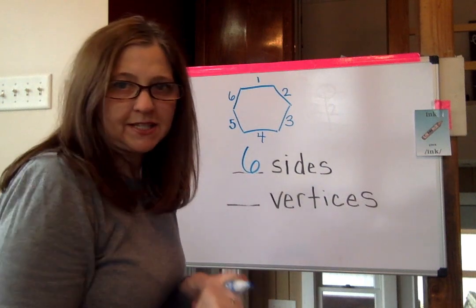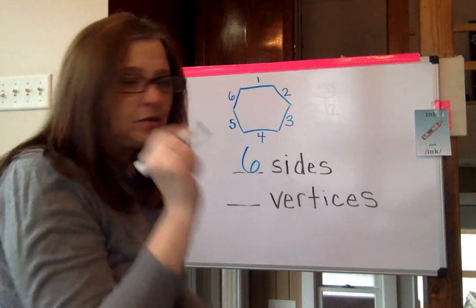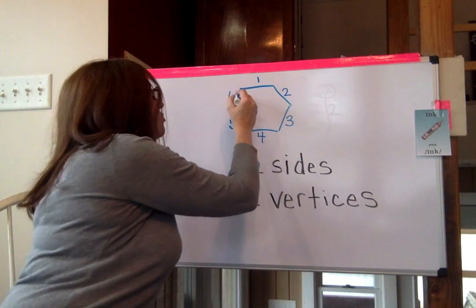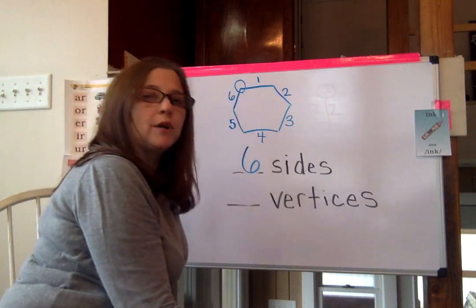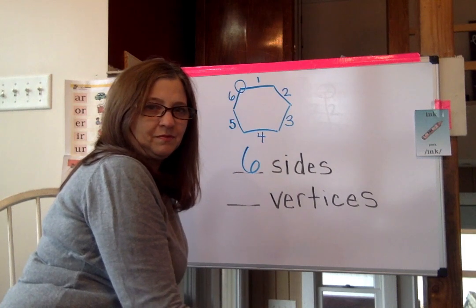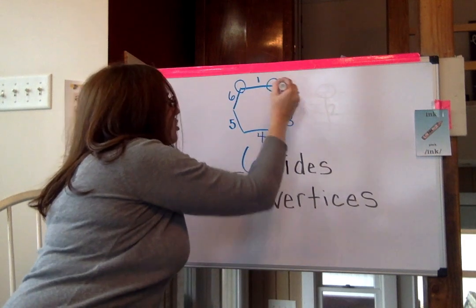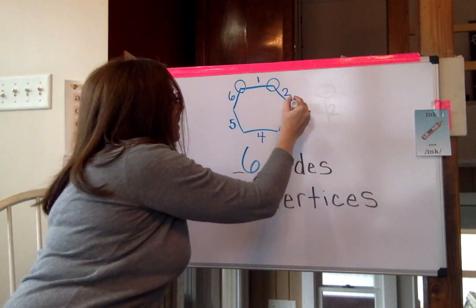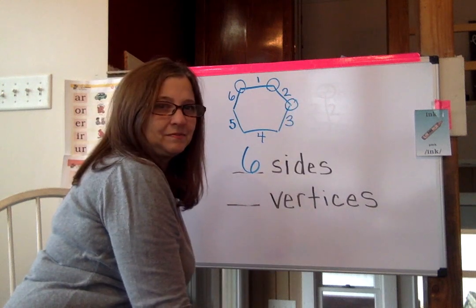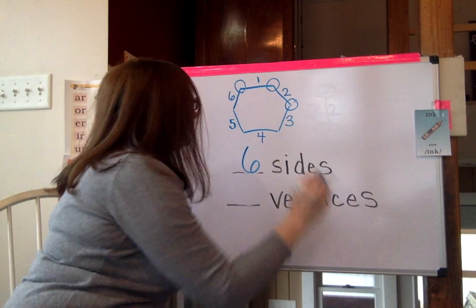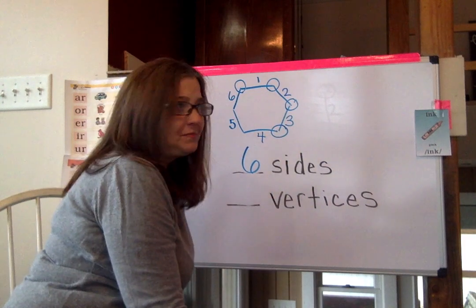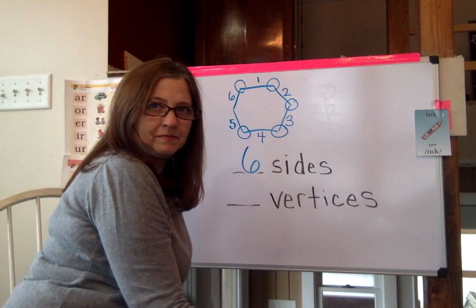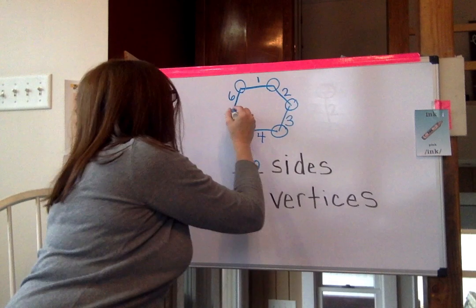All right, let's count the vertices. Remember, we are going to use circles, okay? A vertice is where the 2 lines or sides meet to form a point. So let's go ahead and draw lines to it to show the vertices. 1, 2, 3, 4, 5, and 6.